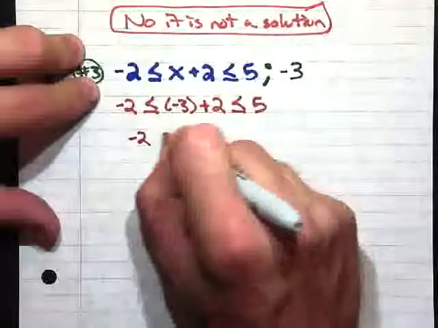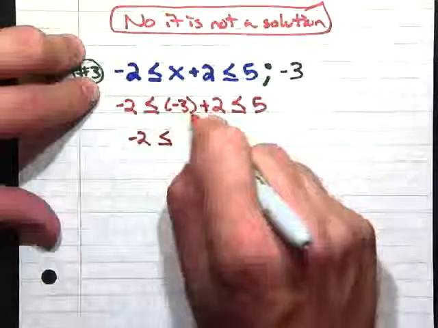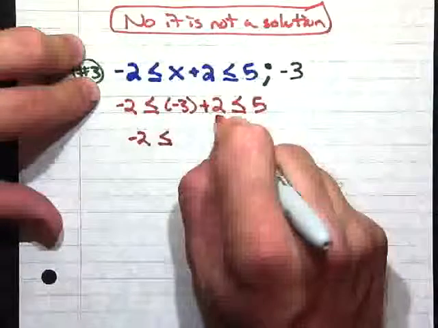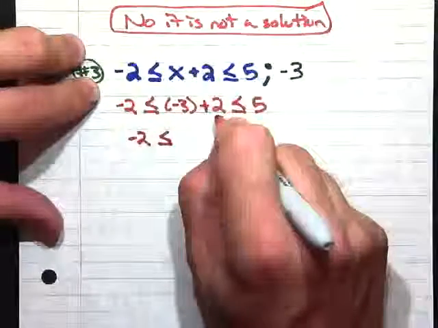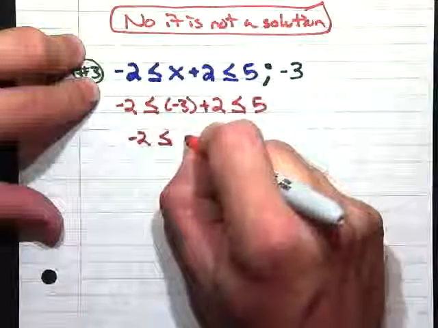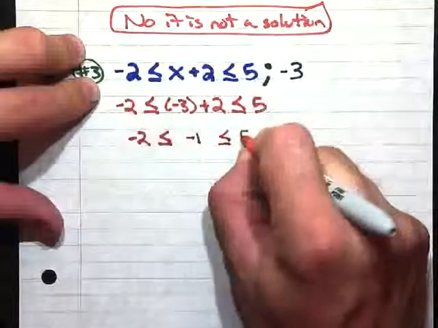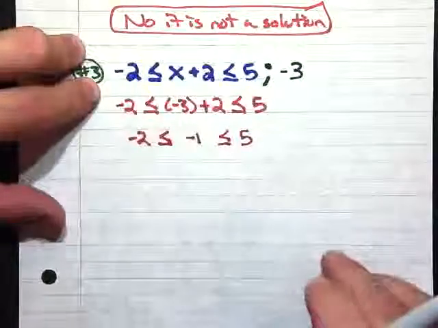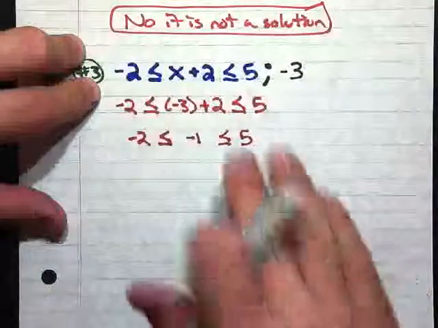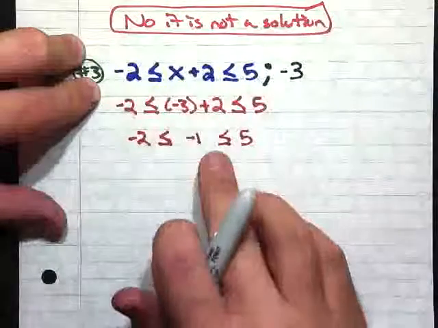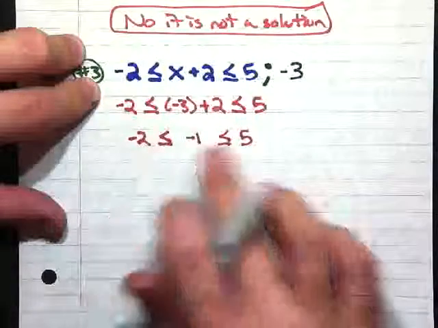So we get negative 2 is less than or equal to negative 3 plus 2, which would be negative 1, which is less than or equal to 5. And basically, what we want to do here is see if this negative 1 satisfies both of these inequalities.